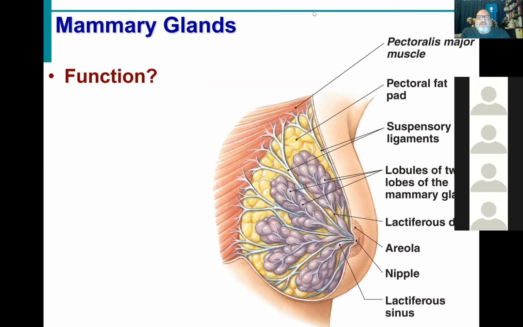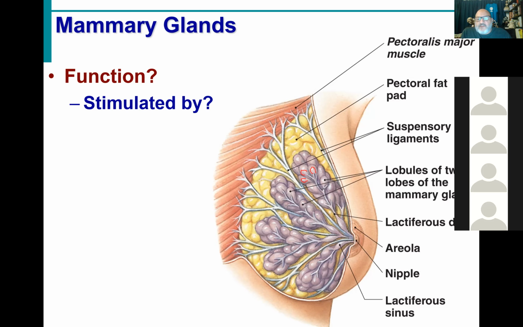Their function obviously is to produce milk to provide sustenance to the offspring. As we already mentioned, prolactin is the hormone that produces the milk, and oxytocin is the one that is going to let it down. So if you look at the anatomy here, we can see the glands themselves. This is where we're going to produce the milk. The milk is going to swell in these glands.